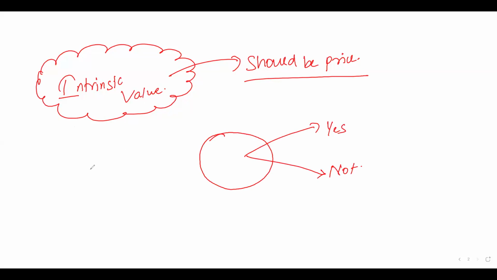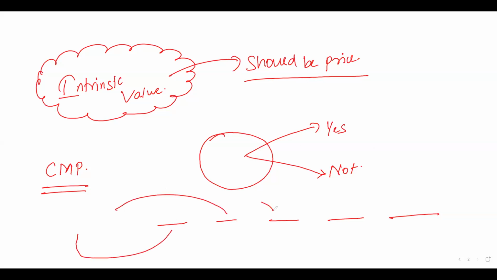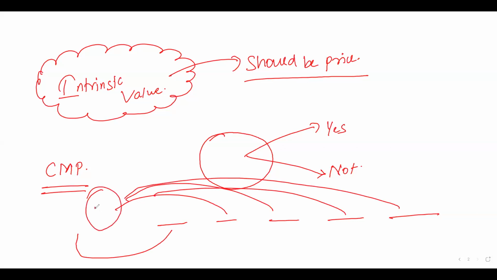To determine that, you will compare today's price, that is the current market price of that asset, with the future benefits associated with that particular asset. You will calculate the present value of all those future benefits that you are about to receive, and that present value in the case of DCF valuation is the intrinsic value.